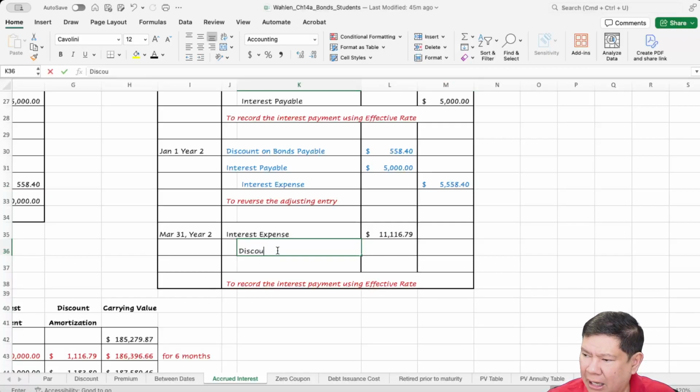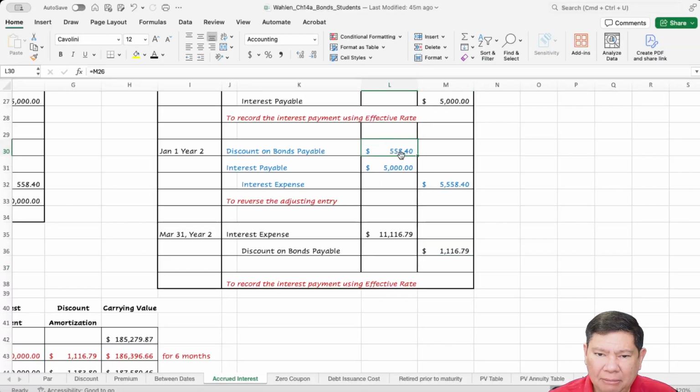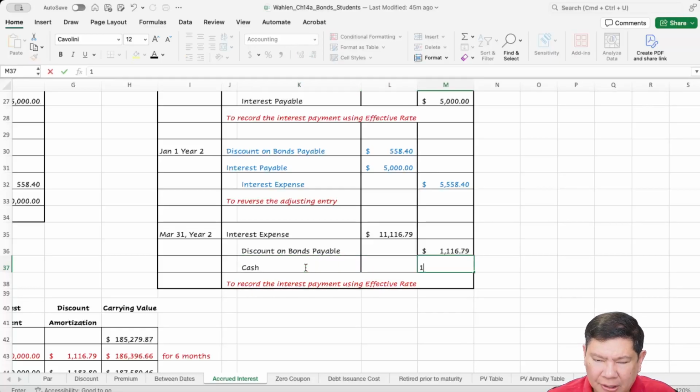Okay, discount on bonds payable, which is for the 6 months. But again, this 5,558.40 nets off the 11,116.79. Okay. And then, of course, payment of cash for $10,000.